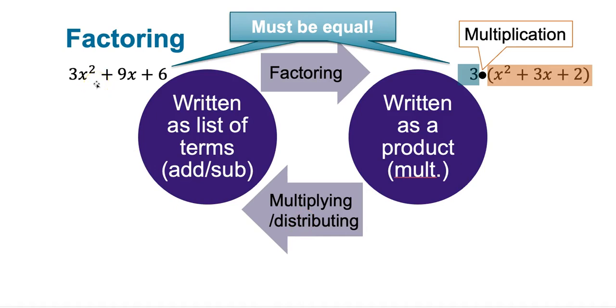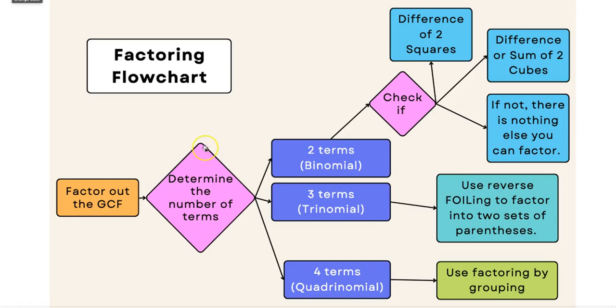Okay, so that's what factoring means, and it's important to have an understanding of what factoring is. If you were asked to factor an algebraic expression, or in particular a polynomial, you can use this flowchart to guide your thinking through the process. The first step is always to factor out the GCF.